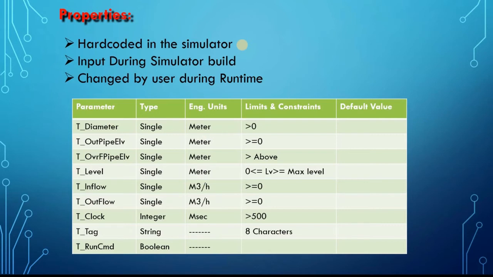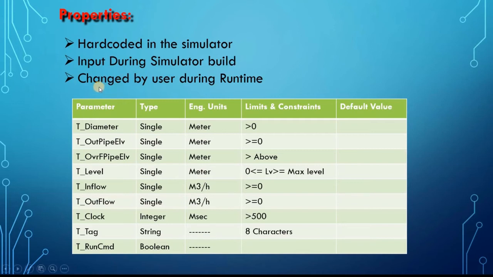If it is horizontal and vertical, then probably it's another property of the tank. Then the input during simulator build: when you build your simulator, maybe you have some properties you want to put in just for the first time, and you don't think you're going to change them at all. The diameter, the height, those you are not going to change during the simulation.